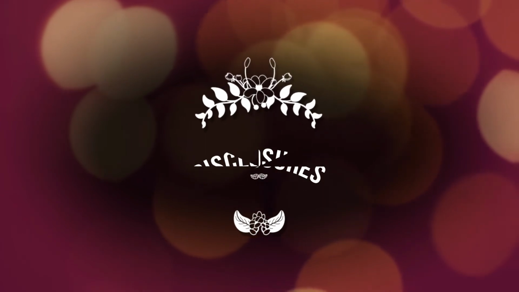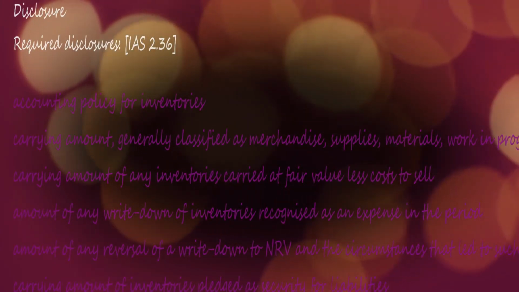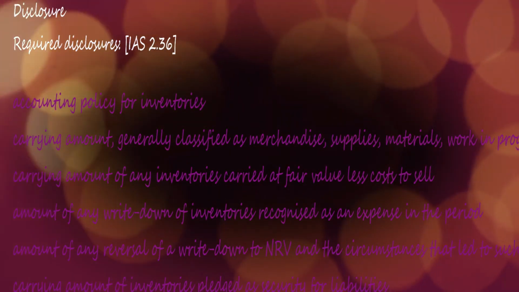And now the disclosures. Required disclosures include the accounting policy for inventories, and the carrying amount, generally classified as merchandise, supplies, materials, work in progress, and finished goods. The classifications depend on what is appropriate for the entity.